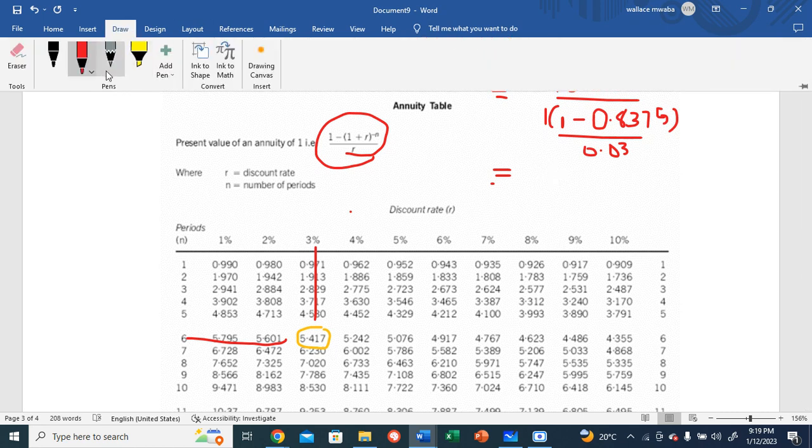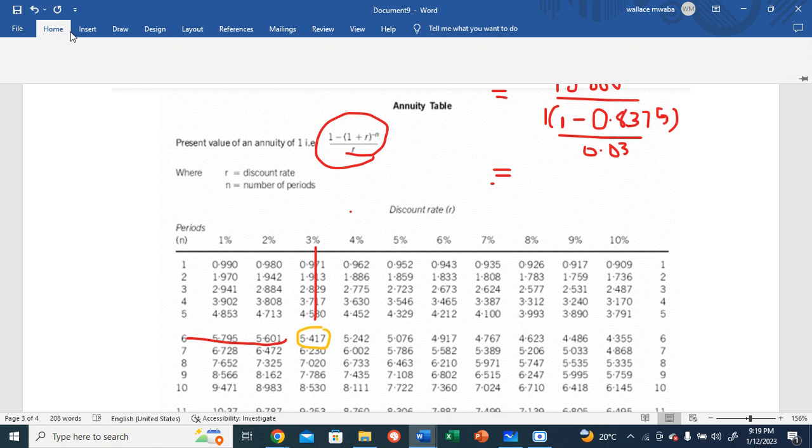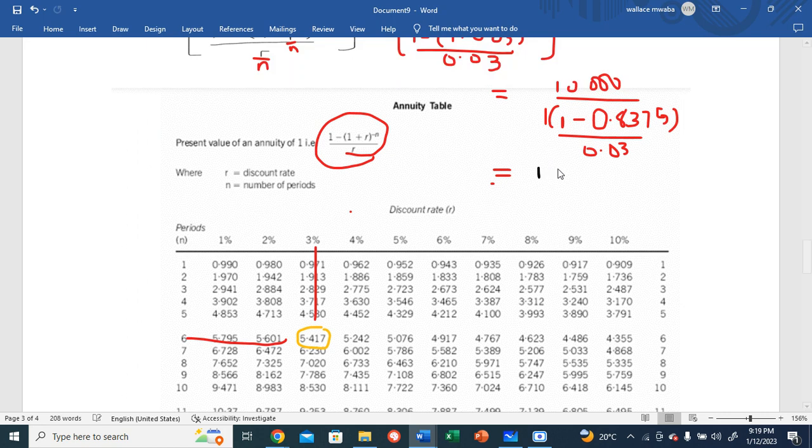So then to get our equal payments, we're going to say 10,000 divided by 5.417. Or if you want to use that value, 5.416666, it's okay. What is 10,000 divided by 5.417?